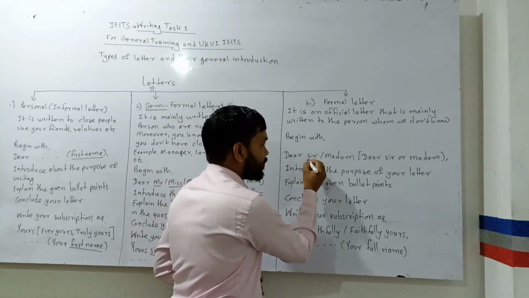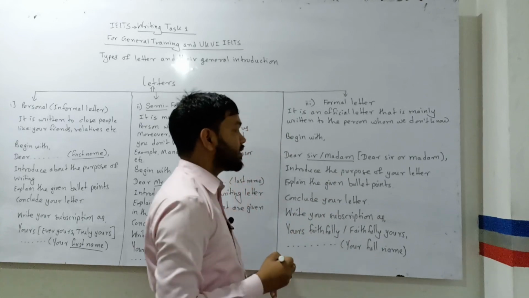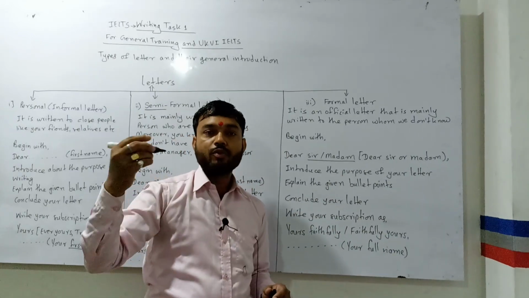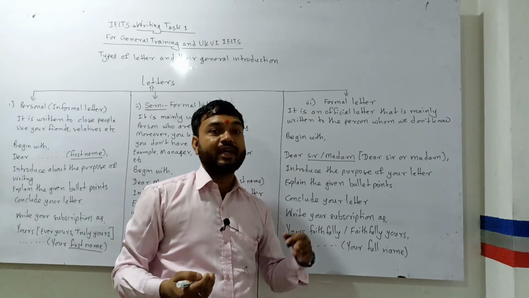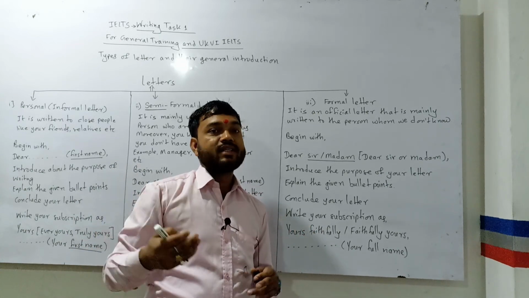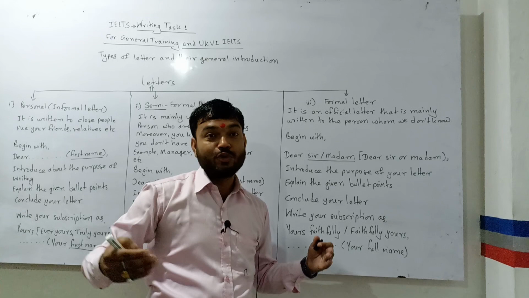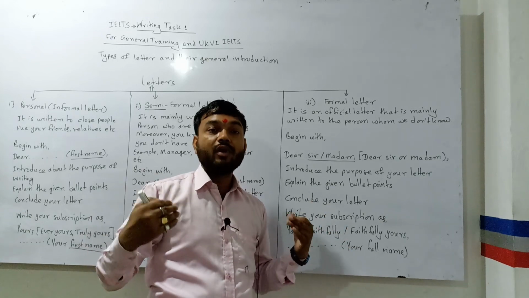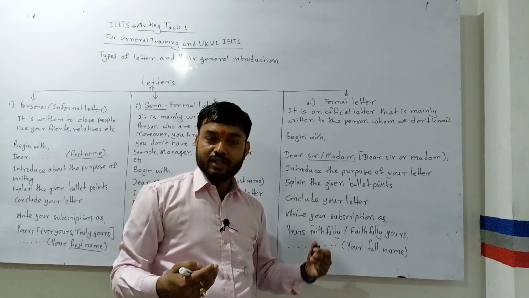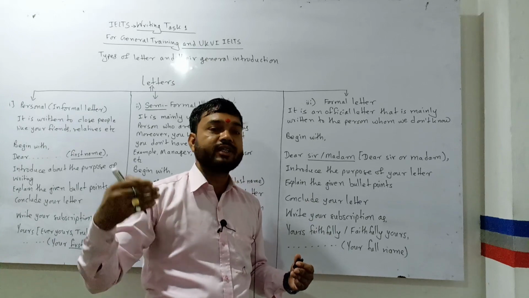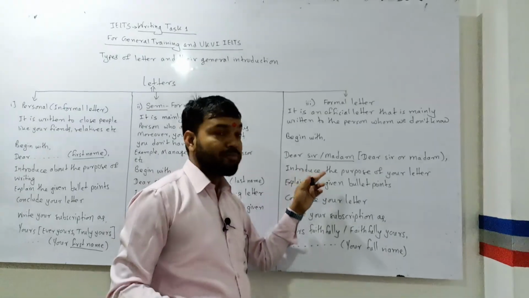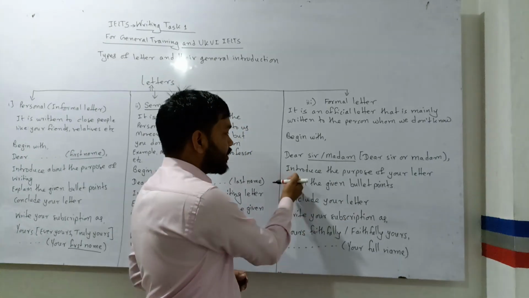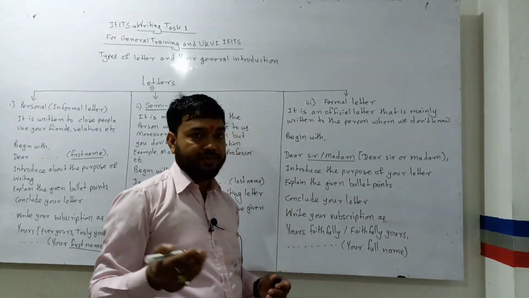Keep this in mind because you don't know whom you are addressing. For example, the manager of Everest Bank or SBI Bank, you don't know. But if you are given a question to explain certain topics, you should always use dear sir or madam.